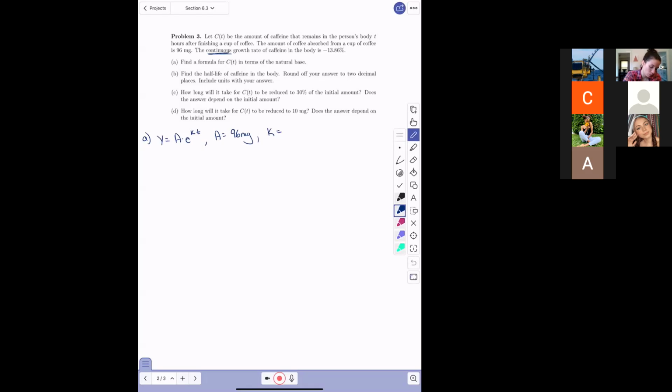So whenever you see this word continuous, you know that you have the k value. So k is equal to negative 0.1386. We just need it in decimal form. So the final answer is y equals 96 times e to the power of negative 0.1386 times t. Any questions there?